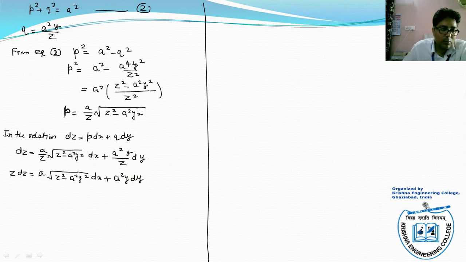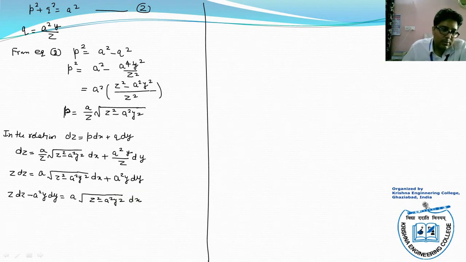Take this term on the LHS, then this becomes z dz minus a square y dy is equal to a under root z square minus a square y square into dx.